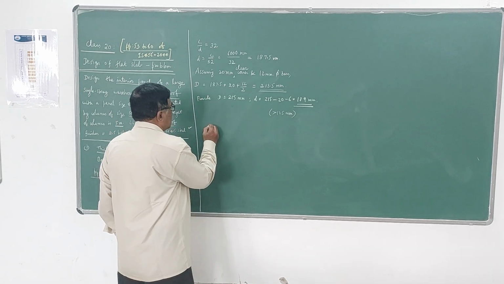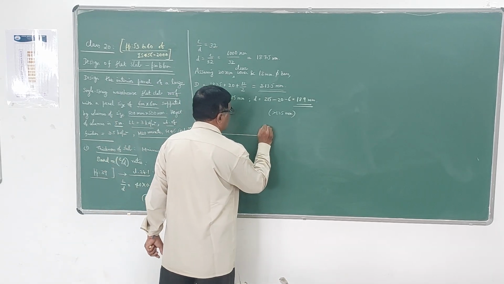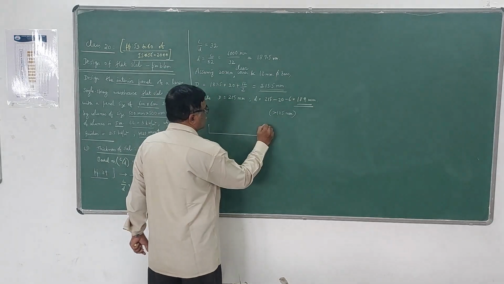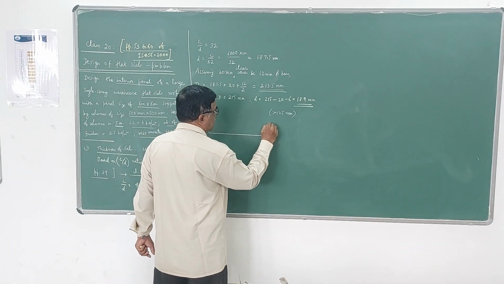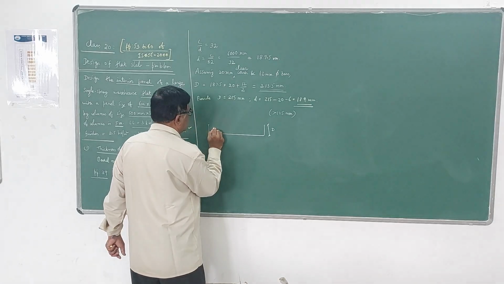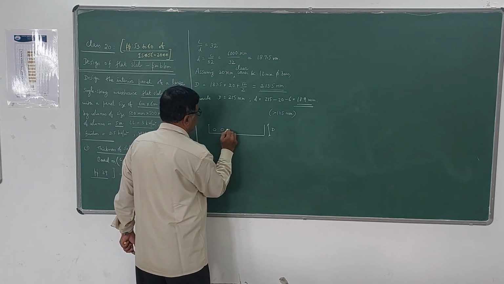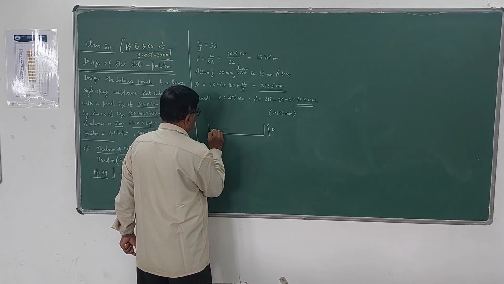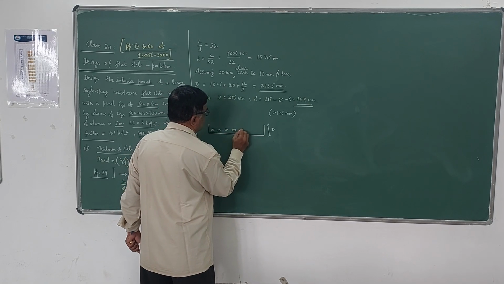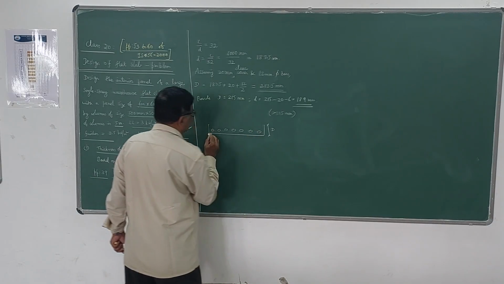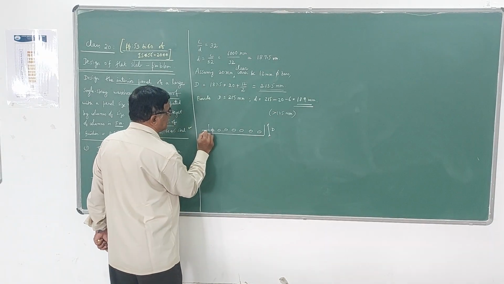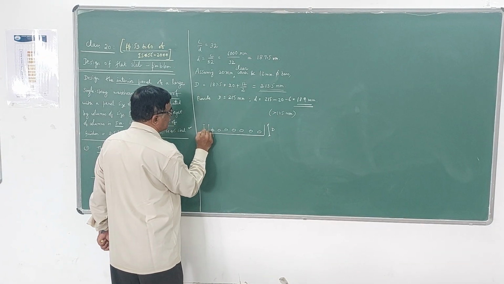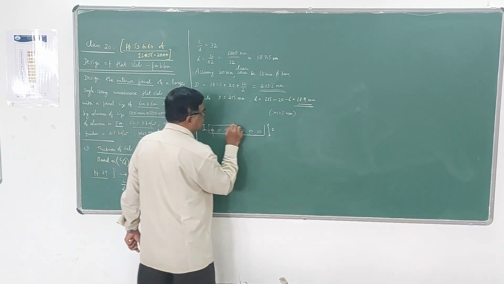215. So you know that overall depth is calculated like this. This is overall depth, capital D, that you have filled in RCC. If you are providing reinforcement like this with proper spacing, then this is your effective depth, small d.